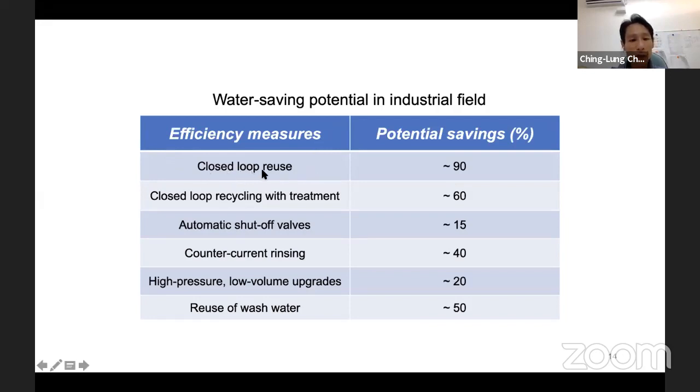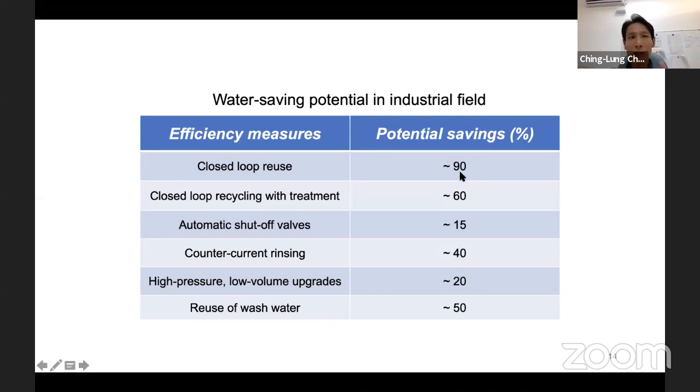The first is closed loop reuse. What is closed loop reuse? Closed loop reuse means you discharge the water, treat the wastewater, and then reuse the water back in your original process. It means you don't discharge the wastewater outside of your industrial facility. You just keep using this water, so you have the potential of saving 90% of the water.